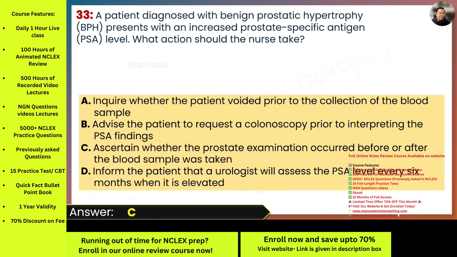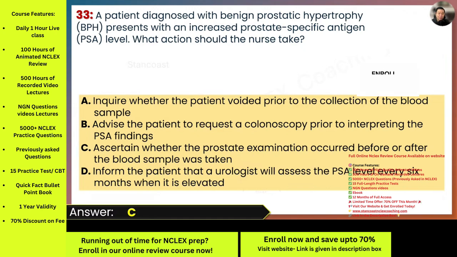We have letter D, another incorrect option. It says, inform the patient that a urologist will assess the PSA level every 6 months when it is elevated. Well, this is incorrect because the PSA monitoring should be more frequent than every 6 months if the PSA level is already elevated.